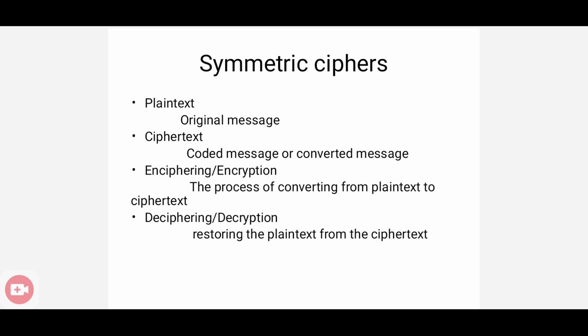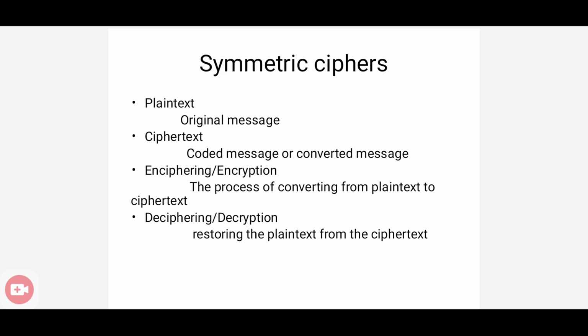Plain text is the original message that is to be converted into some transformed form, and that form is known as cipher text. So the hacker or the opponent cannot understand what the original message was. That process of converting the original message to a coded message is known as enciphering or encryption.